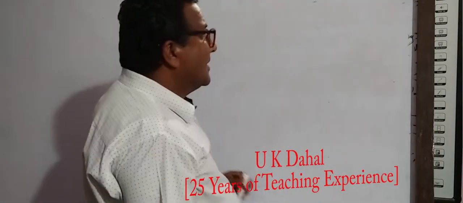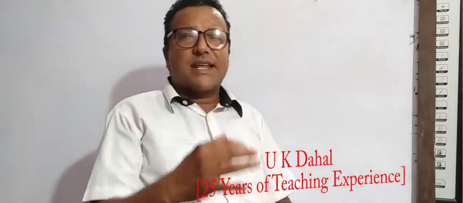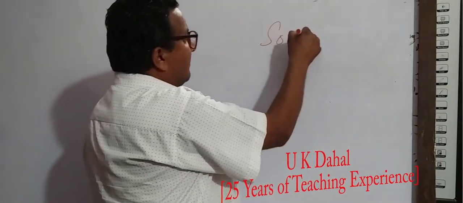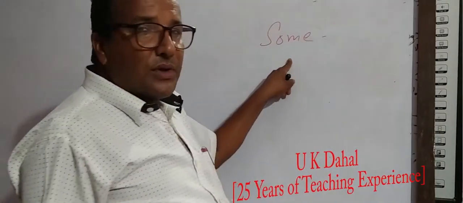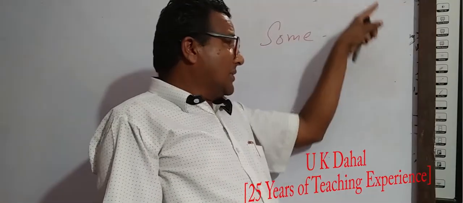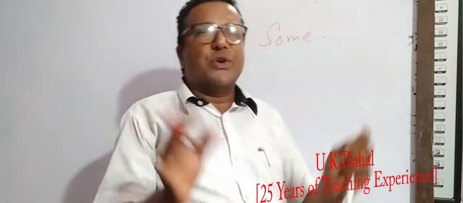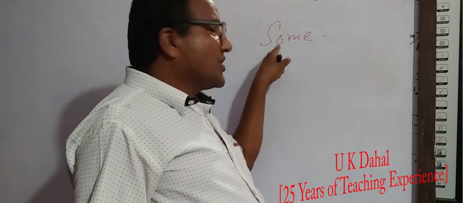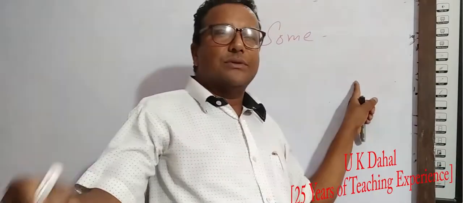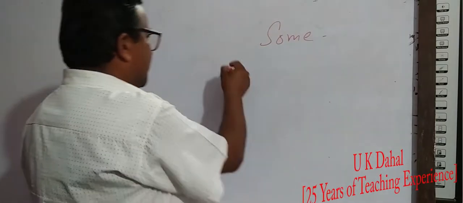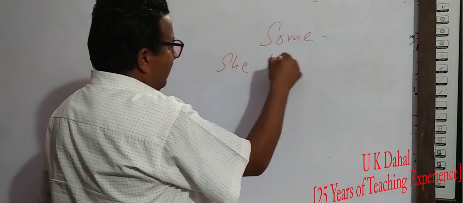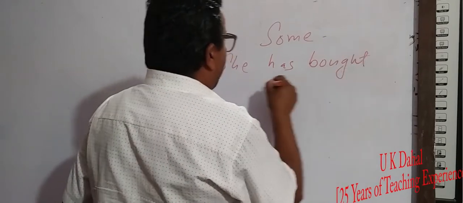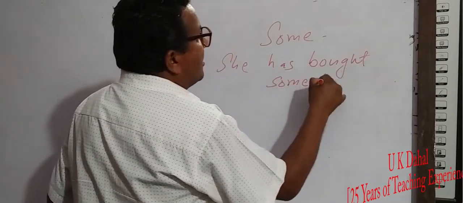And other rules. In the positive sentence, if there is some, the other rules are used the same, but some changes into any. Suppose that she has bought some books.